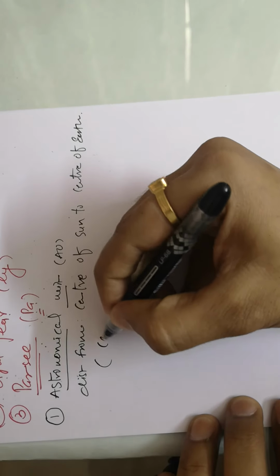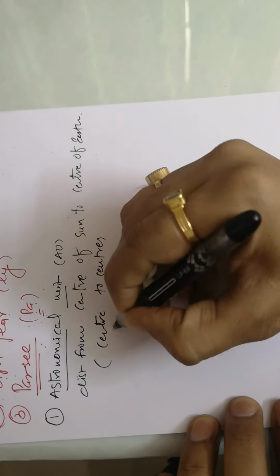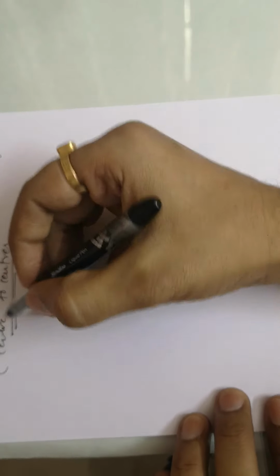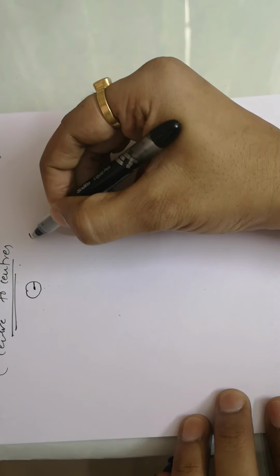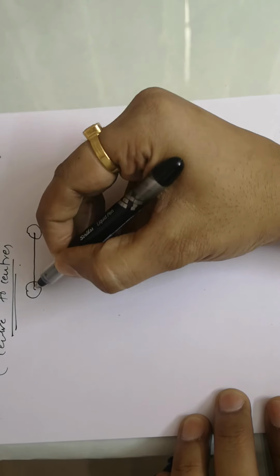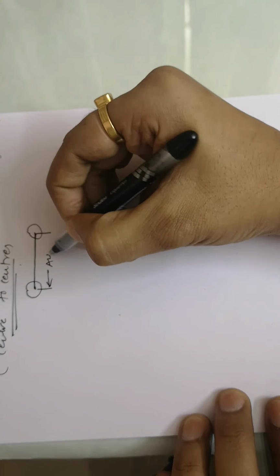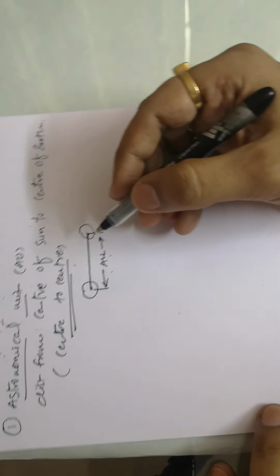You can just remember it as a distance from center to center. Let's say one planet is here, its center would be there, and another planet would be there with its center. This entire distance is called an astronomical unit, shown as 1 AU.